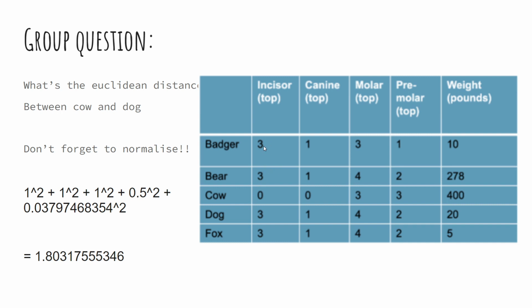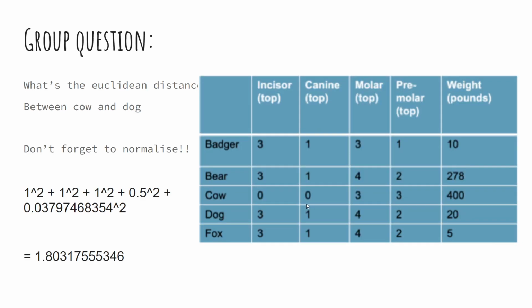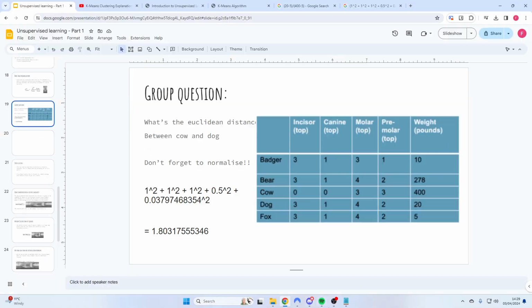By the way, sorry, I didn't write this here: you do this after the normalization as well. So if badger and bear were in a cluster, their average for their incisor, so their first feature, is going to be 1. So it's 1 plus 1 is 2, over 2, and we get an average of 1.